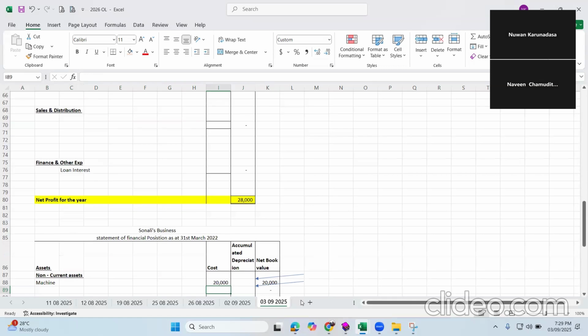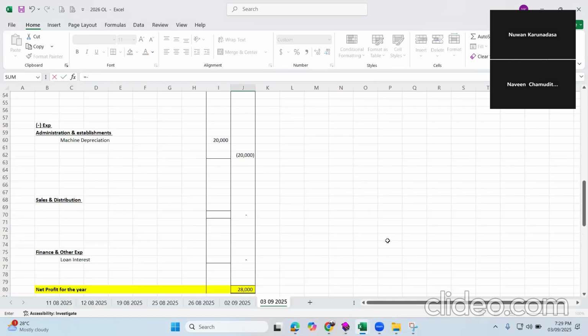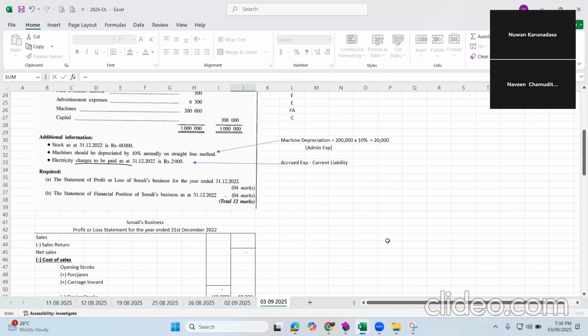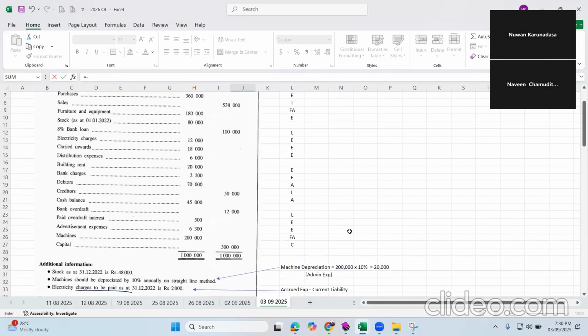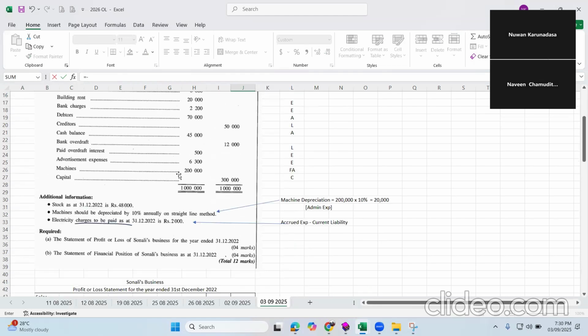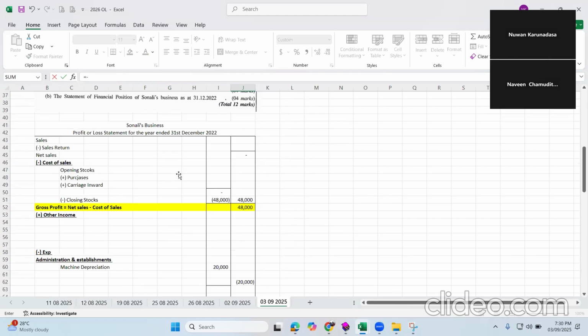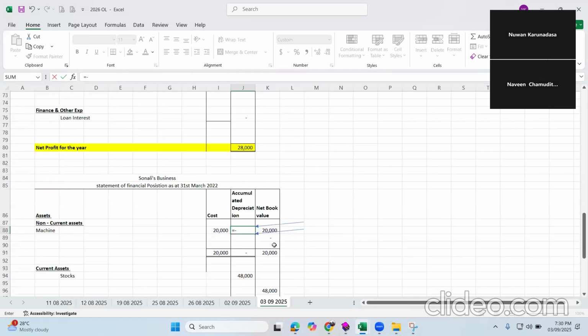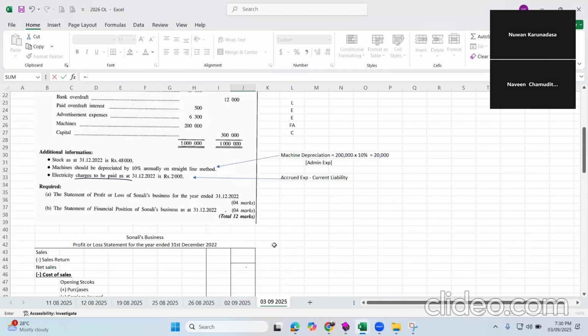Then accumulated depreciation, as I said earlier, accumulated means the total. Total means opening balance plus the charge for the year. Have they given any opening balance of the depreciation? See, in the trial balance, have they given us any opening accumulated depreciation? No, no opening depreciation they have given us. Then the total charge for the year will be the accumulated depreciation here, minus 20,000.